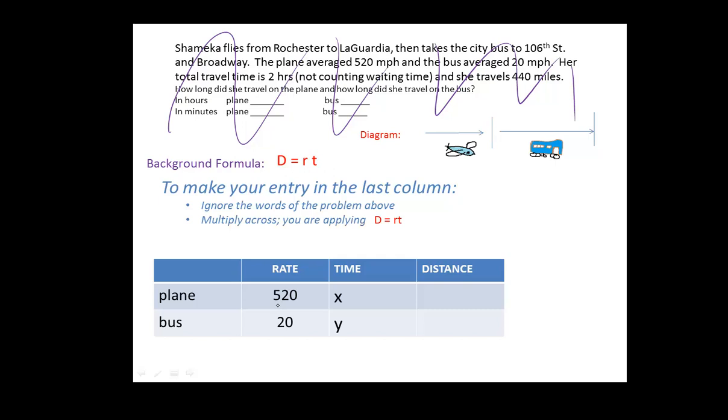So for the plane, I get a distance of 520x. That's for my rate times time. And for the bus, the distance is 20 times y, and I'm just multiplying across, applying distance equals rate times time.